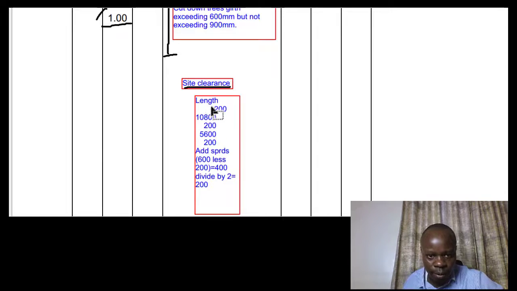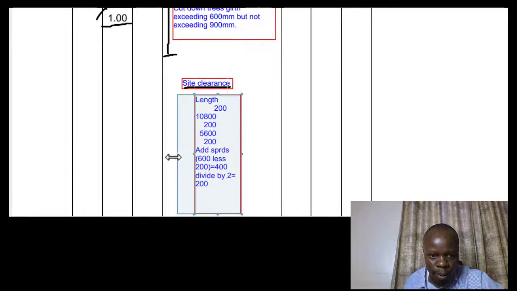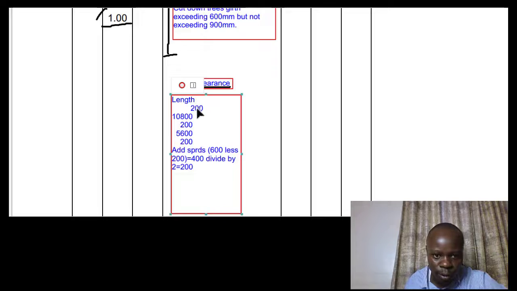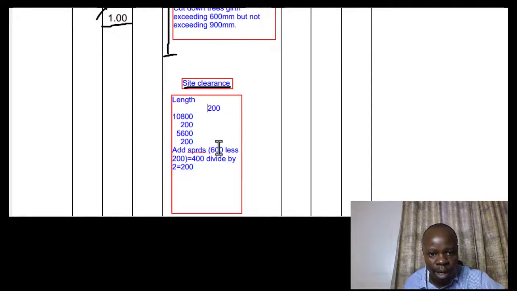So that said, I emphasize that you need to have your dimensions properly arranged. It's going to be very, very crucial that you have them properly arranged. So you can have all these taken to one end. We have that as 200, and then the spread that we are talking about.